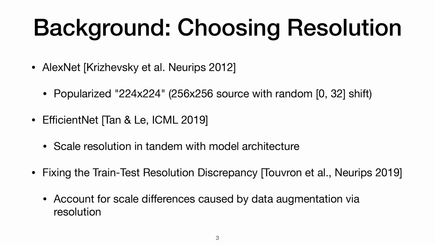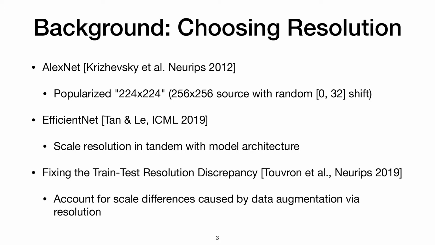So first, I'll give a quick overview of the history of resolution choices, or the reasons that we've settled on certain defaults that are common today. If you're used to powers of 2 in parameter sizes or shapes in computing, the default of 224 by 224 might seem like a strange choice at first. However, one of the earlier popular instantiations of this resolution was the training recipe of the original AlexNet paper.